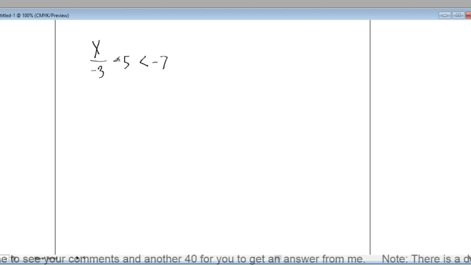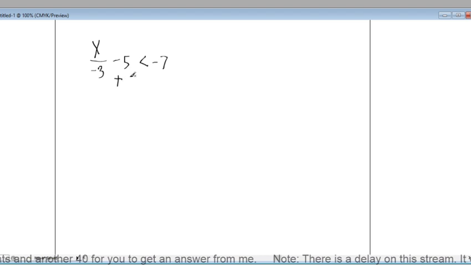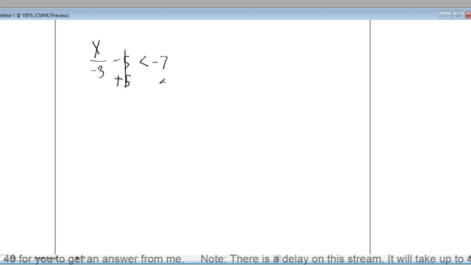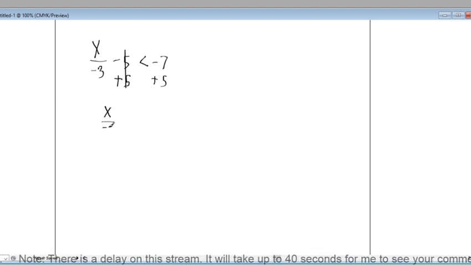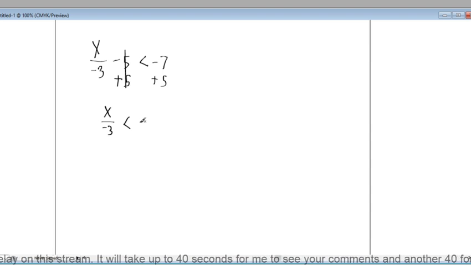Okay. So we're going to add 5 to both sides to get this x value by itself. Cancels there. Have to do the same thing to this side. Now we have x divided by negative 3 less than, let's see, negative 7 plus 5 is negative 2.